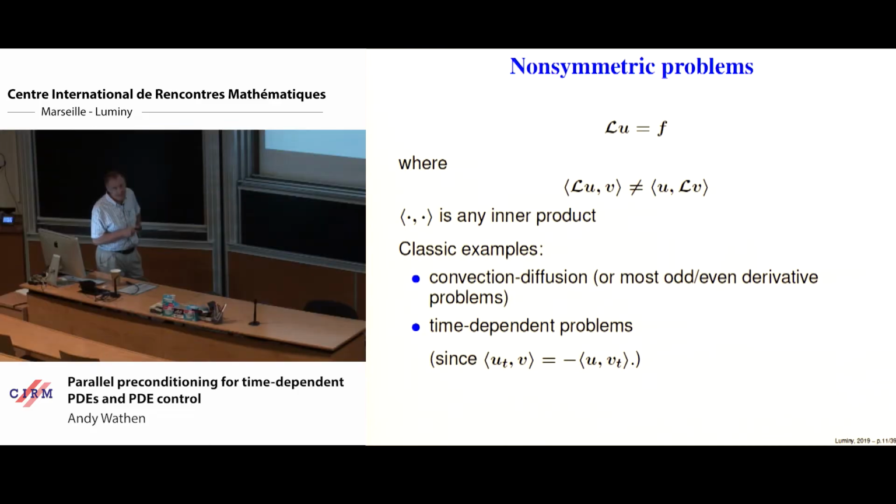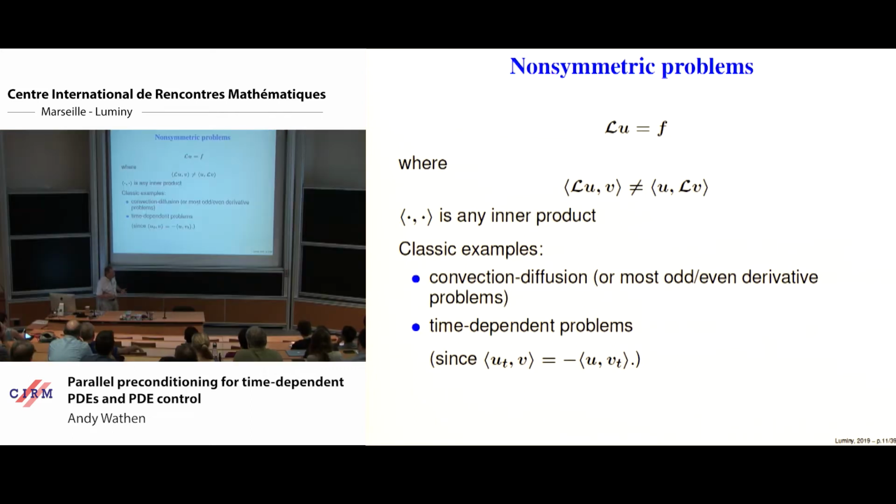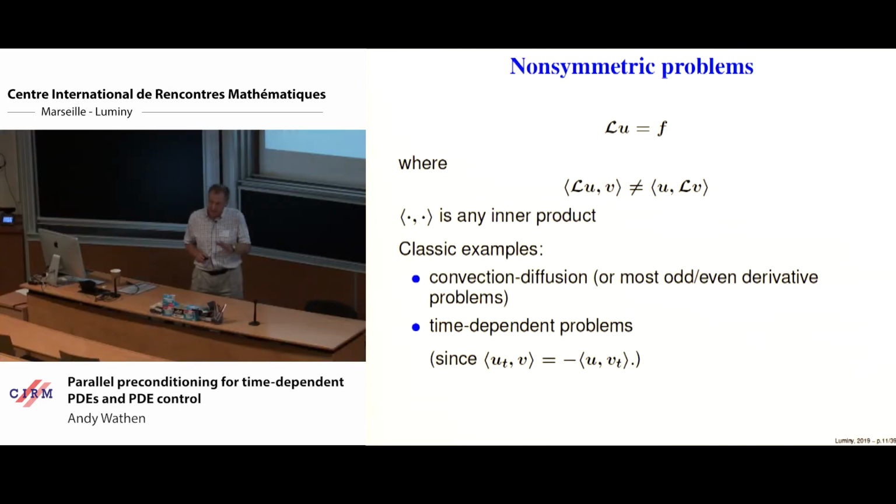The classic examples of these things are convection-diffusion problems, or most problems that have odd derivatives. That's why we spend quite a lot of time on the convection-diffusion problem in the book with Howard Elman and David Silvester, for example. Those are hard. You can prove precisely what Valeria indicated, that if you don't have too much advection, you can show that there are inner products in which these things are self-adjoint.